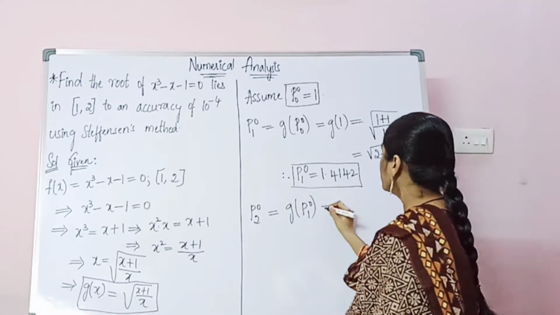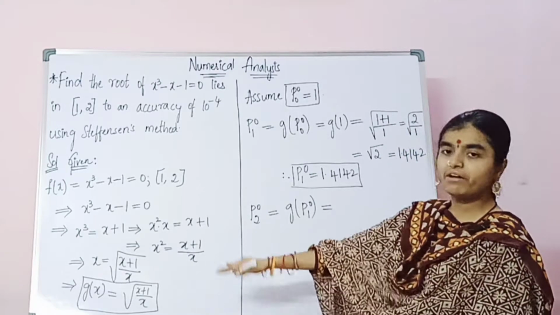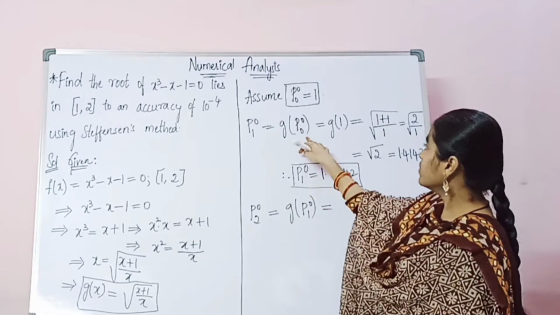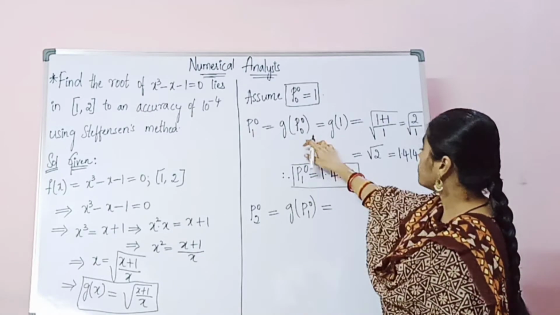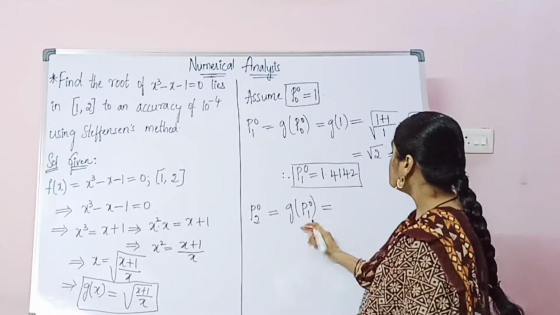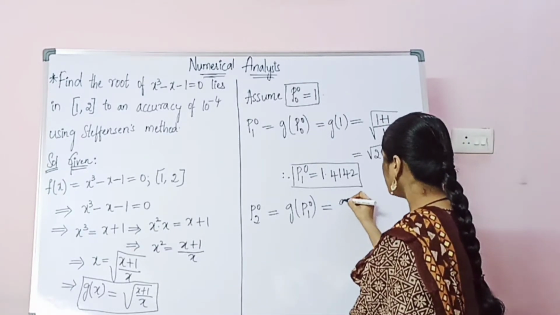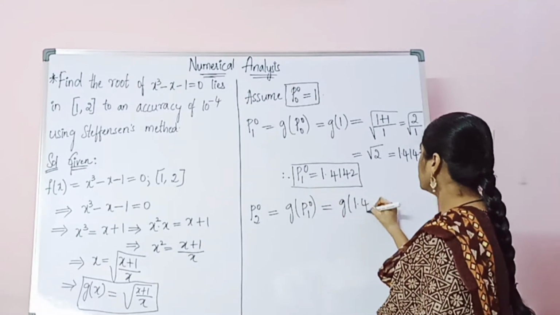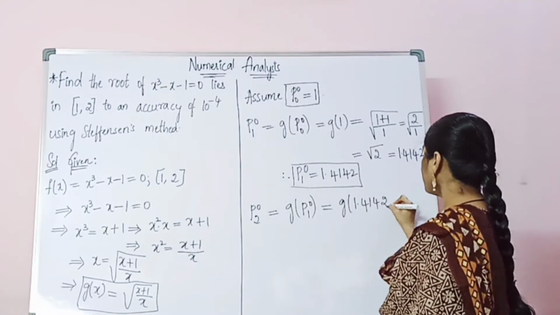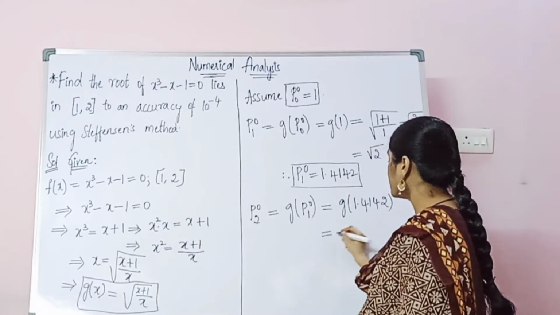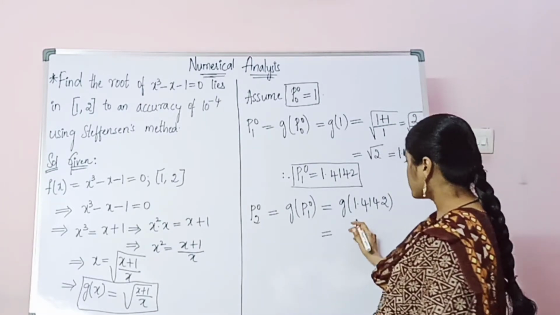Now, in the place of x, we have to substitute these values, p1 power 0, in g of x. Now here, g of, what is p1 power 0? 1.4142. Now we have to substitute this in g of x, which is equals to, x means what here?